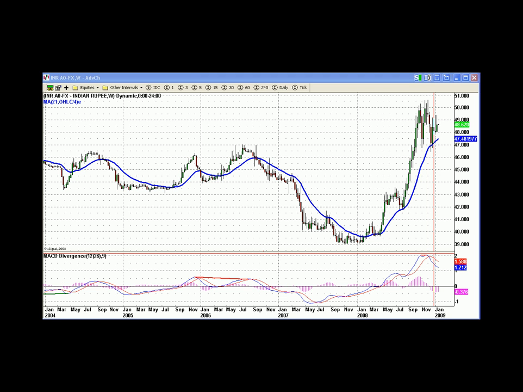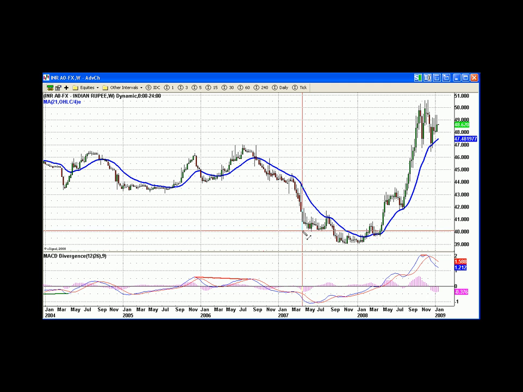So looking at this chart very simply, as I say, I've got nothing there except the price and the 21 period EMA. In this case, we're looking at the weekly chart, and I've got an indicator called MACD. One of the things I tend to focus on with MACD is to look for a divergence.